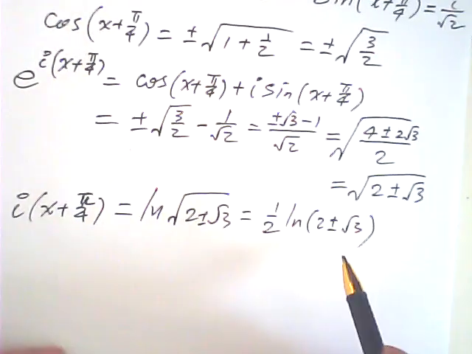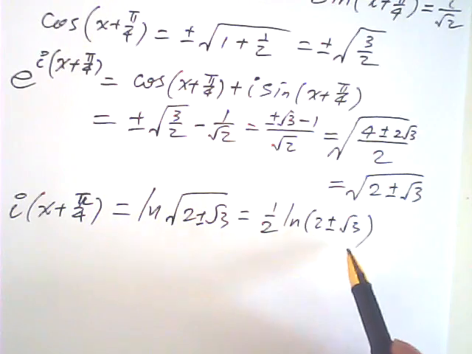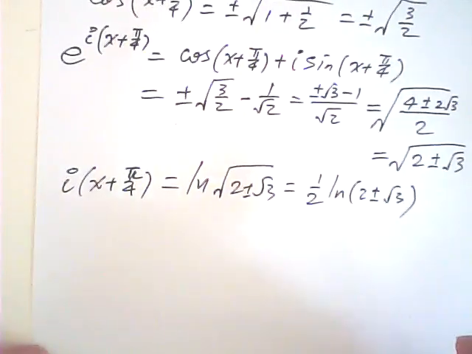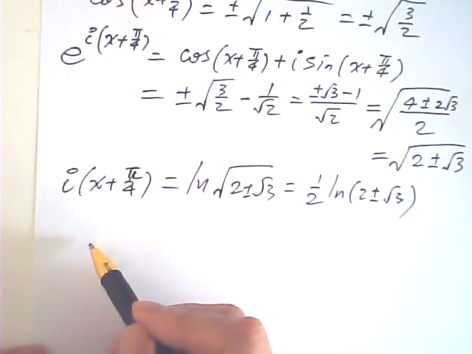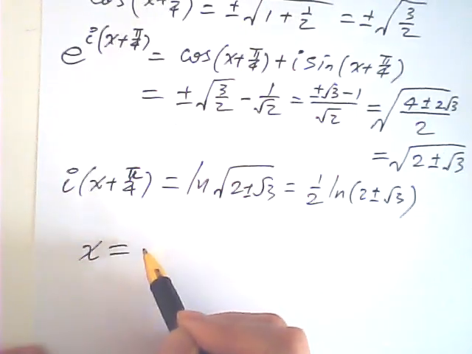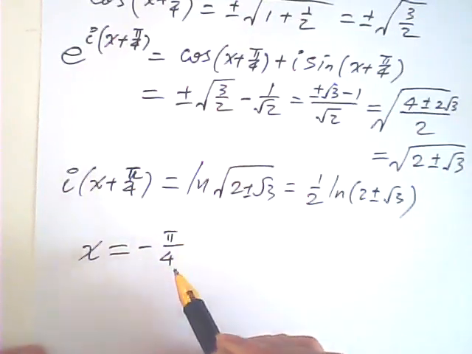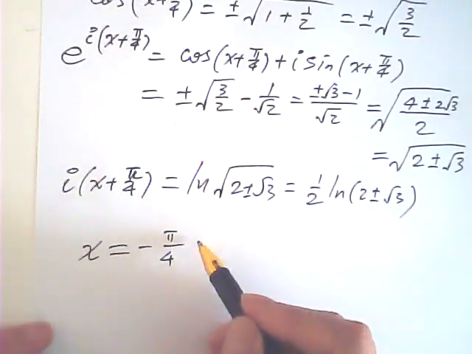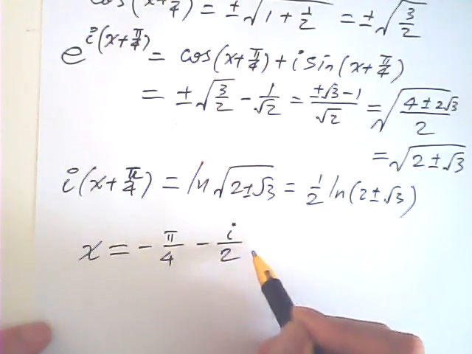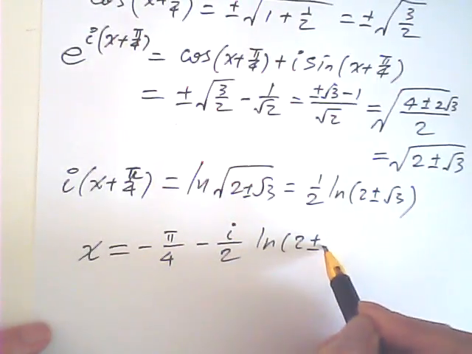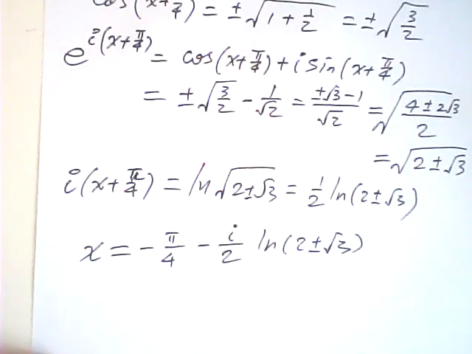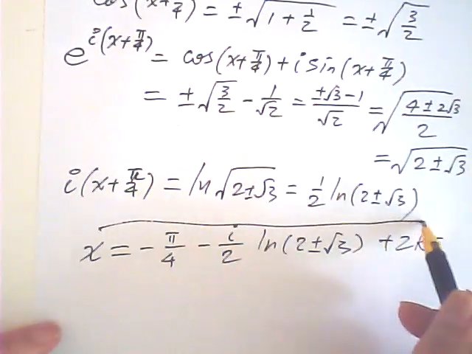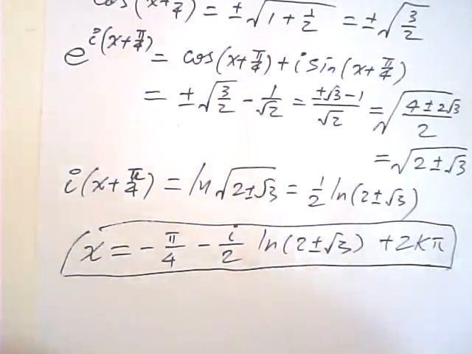Well, this way is good because this is defined for log, both plus and minus. And therefore, x is equal to minus y divided by i, negative i, and plus 2k pi. All right, this is done by method 3.